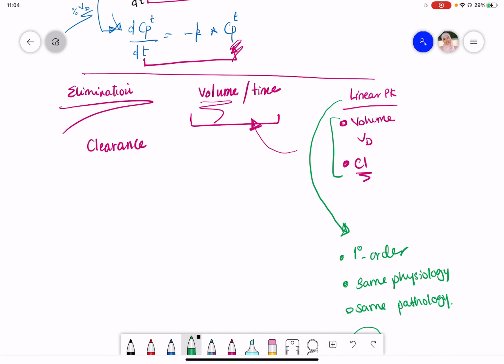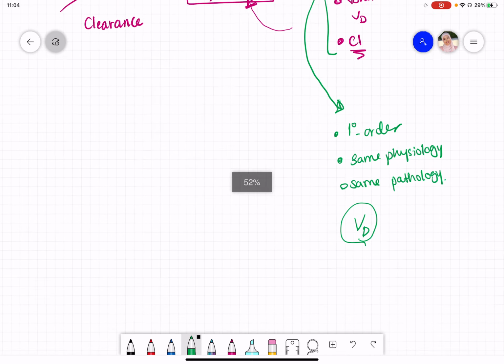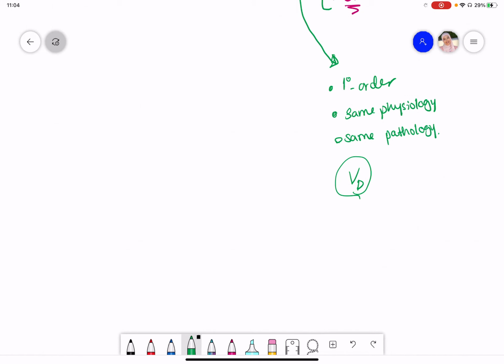This is one of the exceptions that we have in kinetics. For example, under some pathological conditions, the body goes through continuous edema, which means that the overall volume in the body is changing over time. So it's not constant anymore.